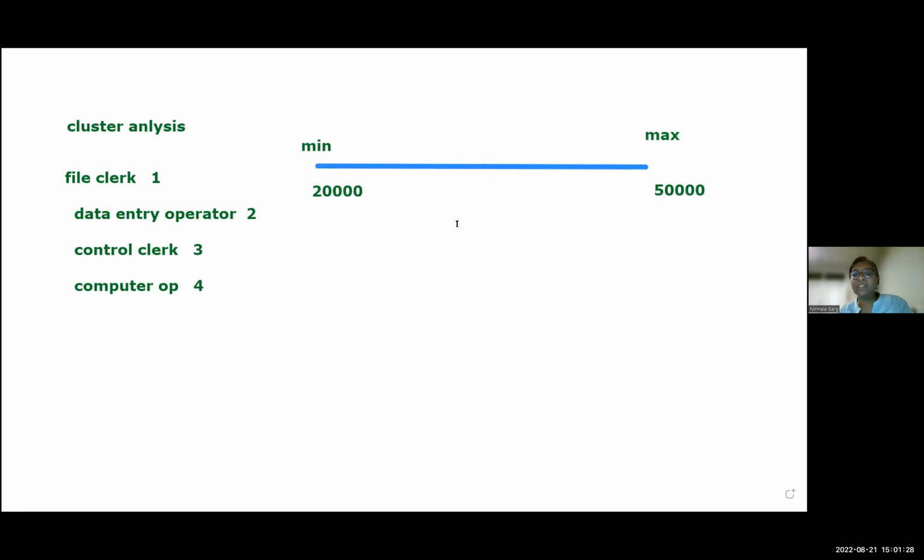This is market data. Now what will I do? I will say, okay, computer operator being my highest job in this category, I may like to place him here, say at 45,000, and file clerk being the lowest, I may place him here at, maybe, 25,000. And the rest likewise.